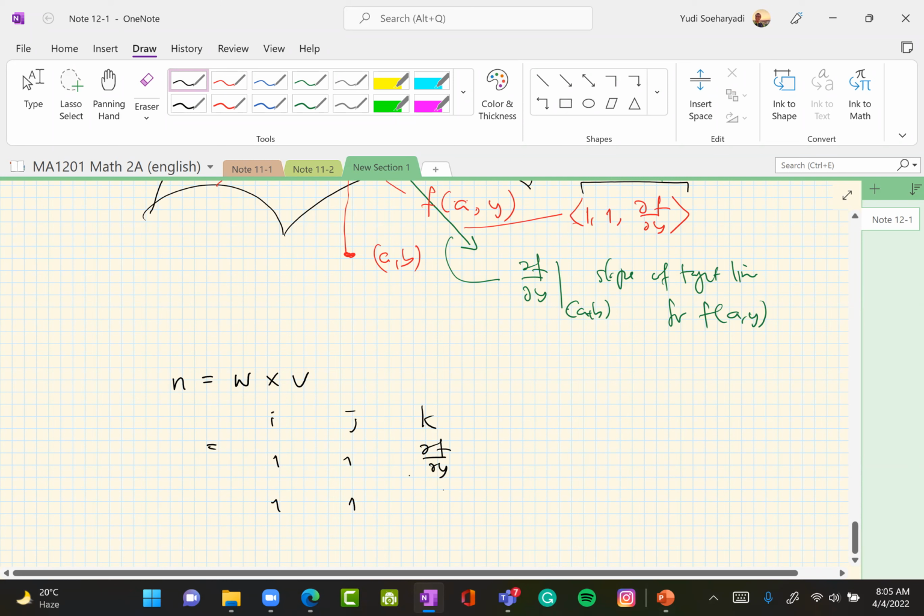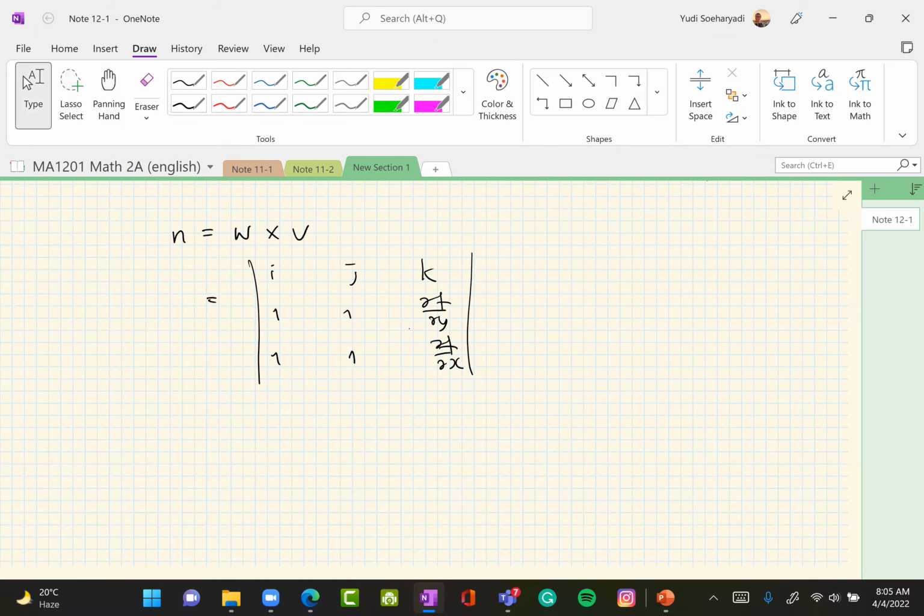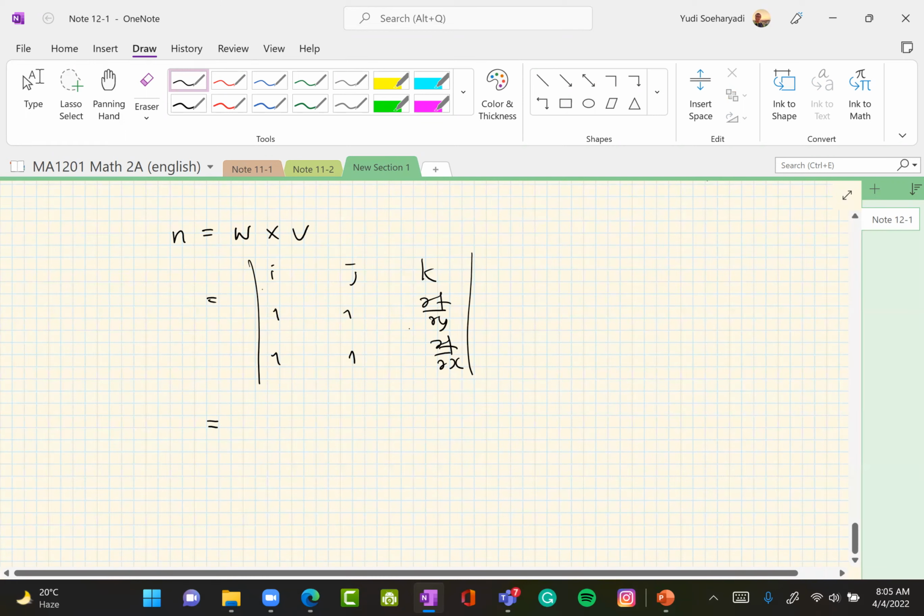V is 1, 1, df dx. There. Okay, let's compute this one. So the i is df dx minus df dy.